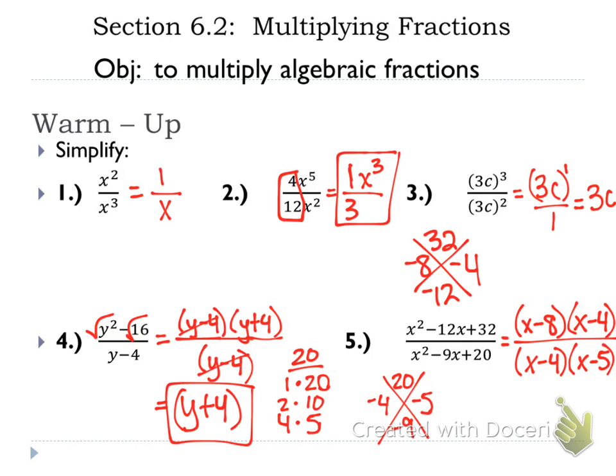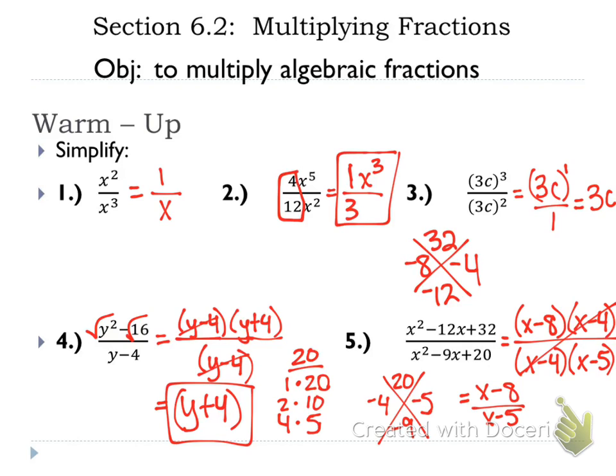Now that we have it factored, we should be able to simplify. May, what's going to simplify? X minus 4's cancel each other out, so what are we left with? May? X minus 8 over x minus 5.